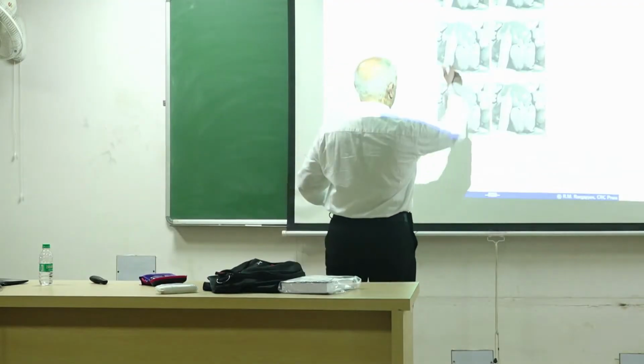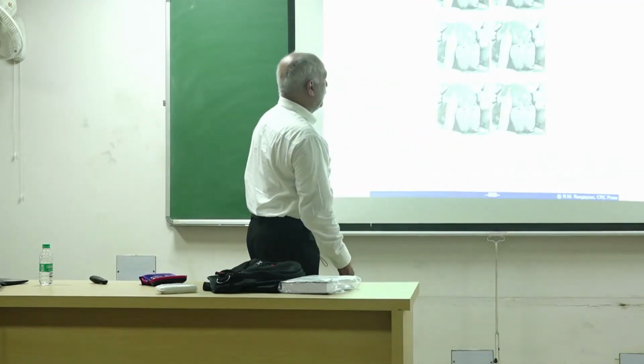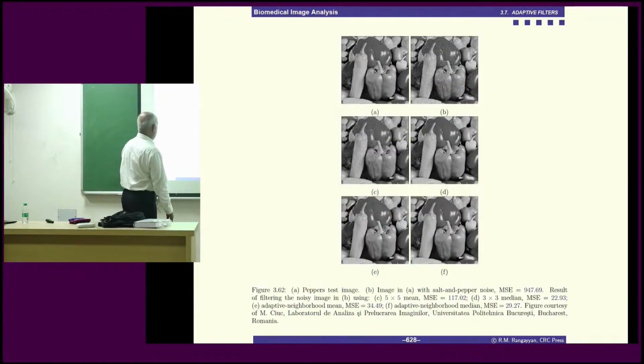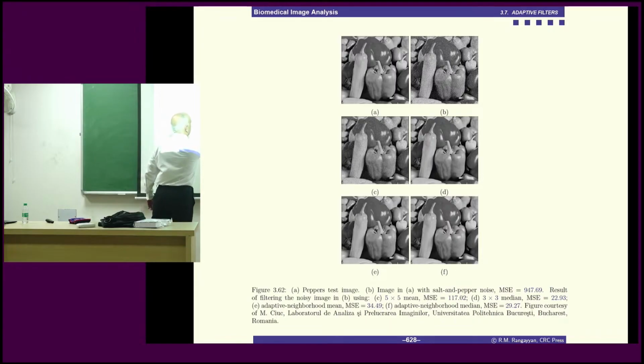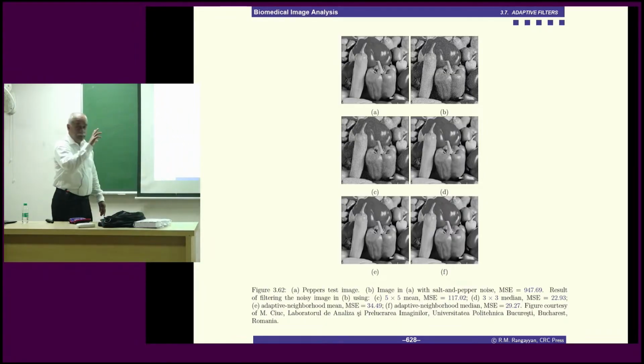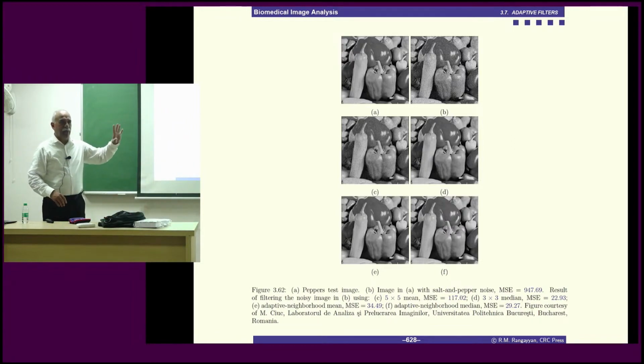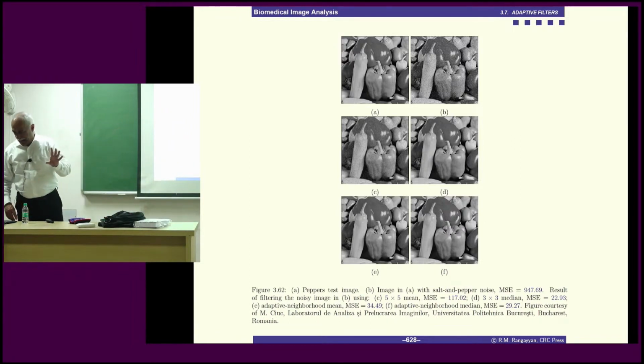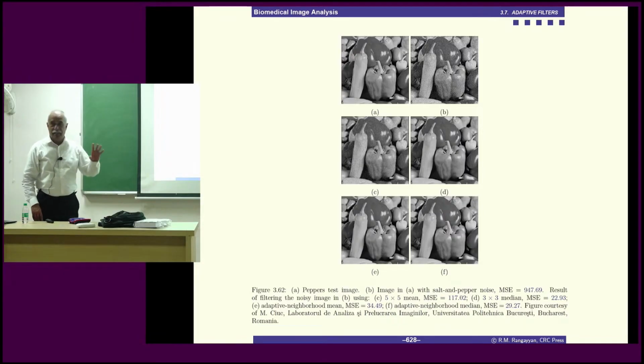So this is with salt and pepper noise, and C and D are 5x5 mean, 3x3 median, and adaptive neighborhood mean and adaptive neighborhood median. So we have shown it works reasonably well with multiple types of images and also with color images in a different paper.